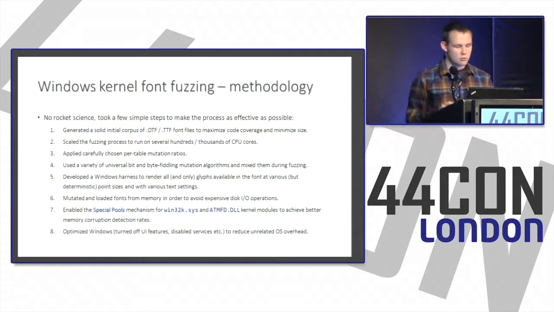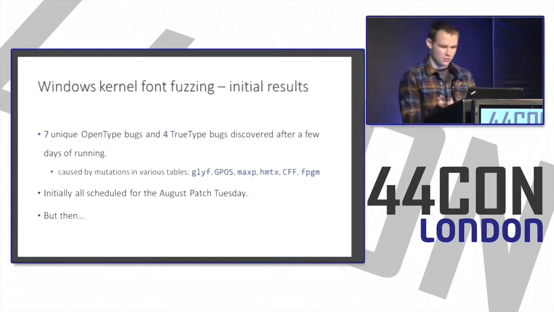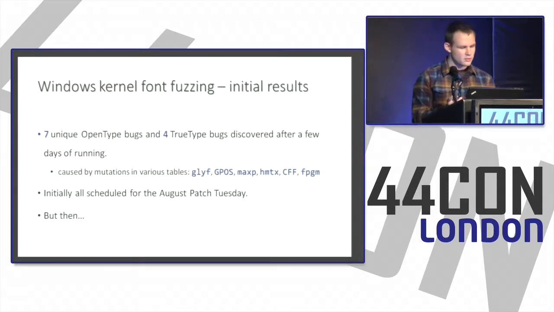I would use the special pool mechanism and also optimize Windows such that the overhead of the operating system itself would be very small. After a couple of days, this resulted in 7 OpenType bugs and 4 TrueType bugs discovered in the Windows kernel, caused by mutations in various tables such as glyf, gpos, and so on.